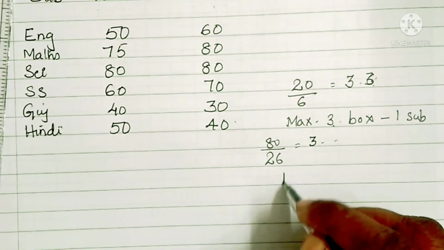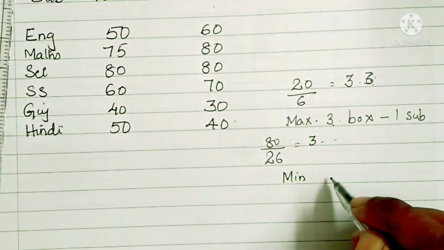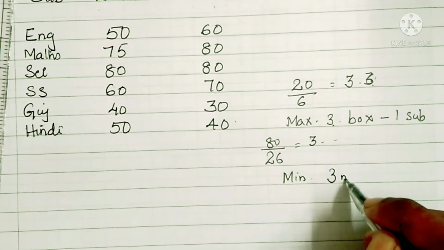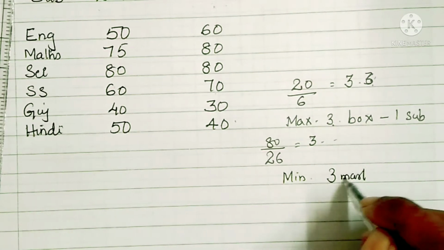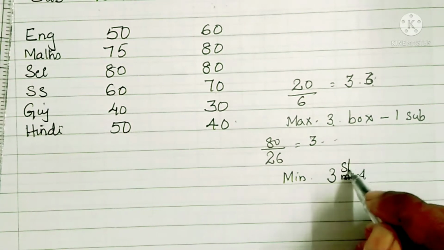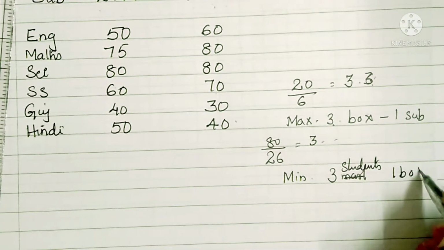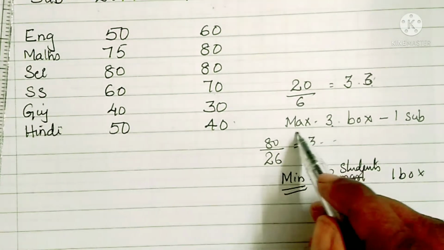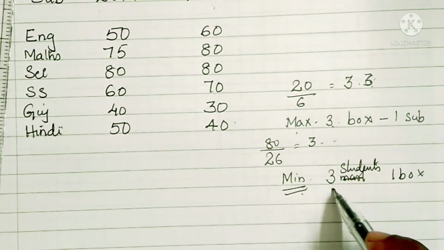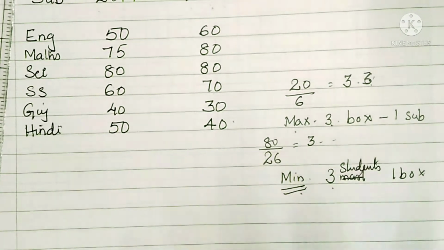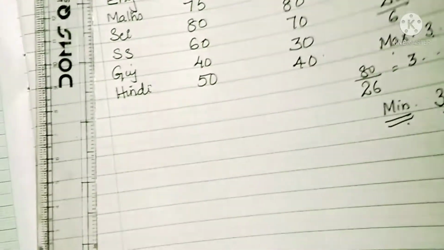So minimum you can take 3 students for one box. Here it is minimum and here it is maximum. Usually we can take 5, 10, 15 like that.